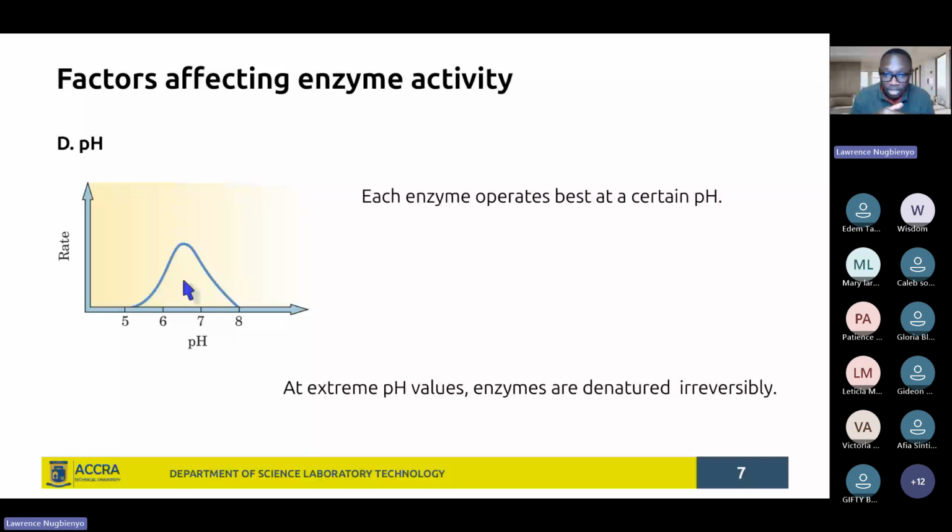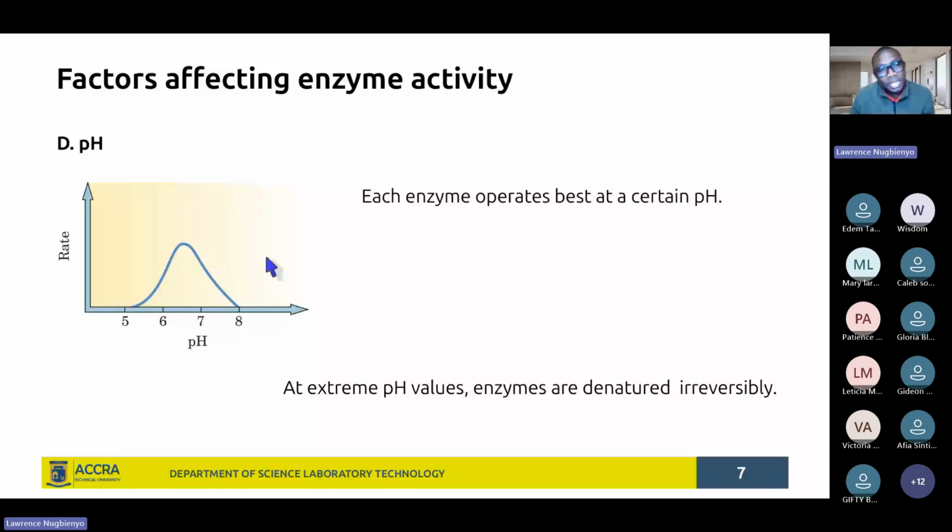Or maybe in babies, you have some enzymes like renin, which will be converting milk proteins into thick curds, things like that. So you have different enzymes with different pH levels at which they operate optimally.